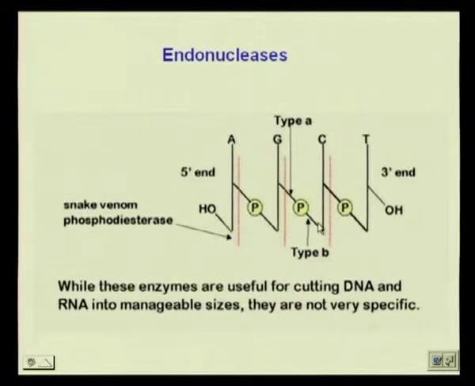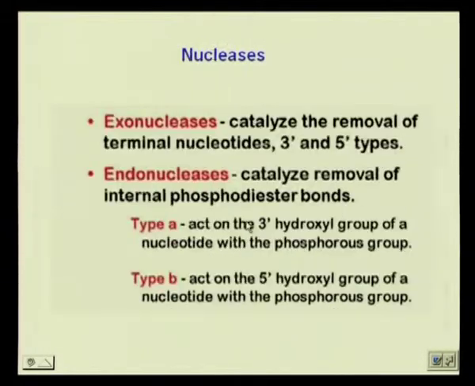This is the 5' of C. Are you following? We have A, G, C, T in this sequence. We have a 5' end for each, we have a 3' end for each, right. This is the 3' end of the G, but it is the 5', let us go back one.